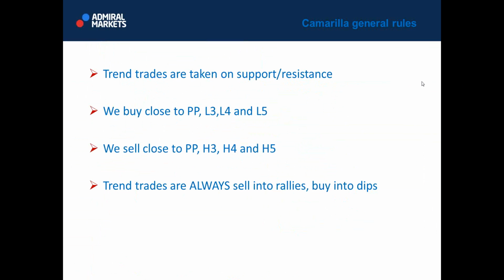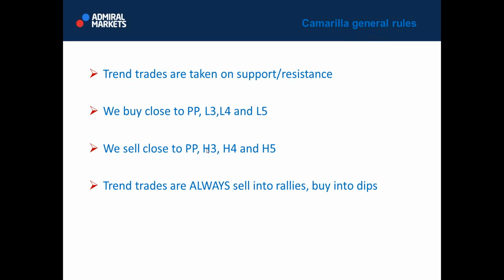Now, general rules for Camarilla. Trend trades are taken on support or resistance. So, as I said 2 minutes ago, we buy close to pivot point L3, L4, and L5, targeting L4 and L5.